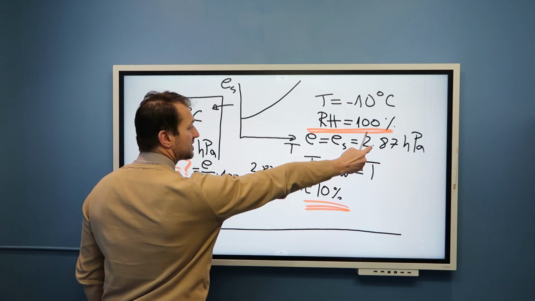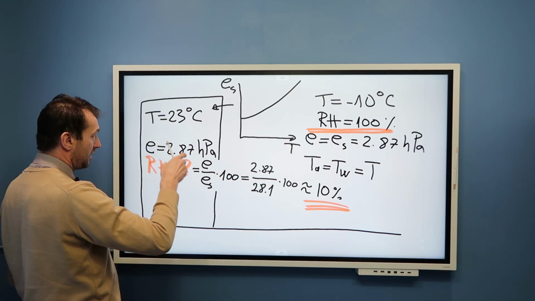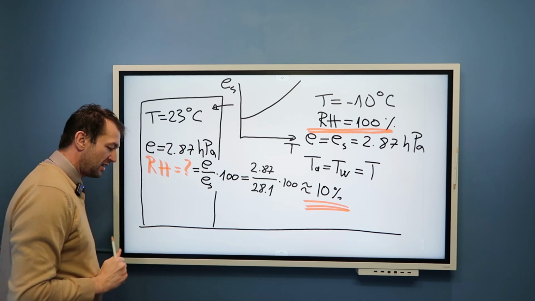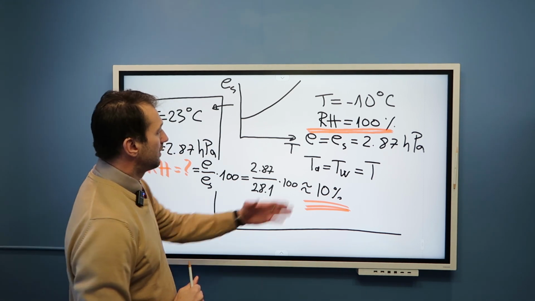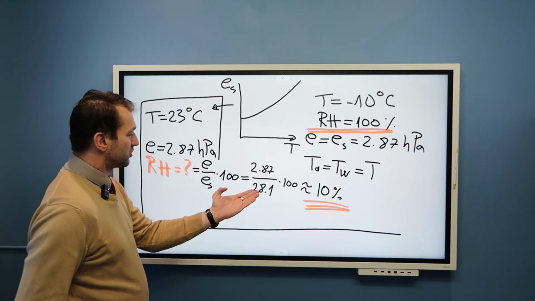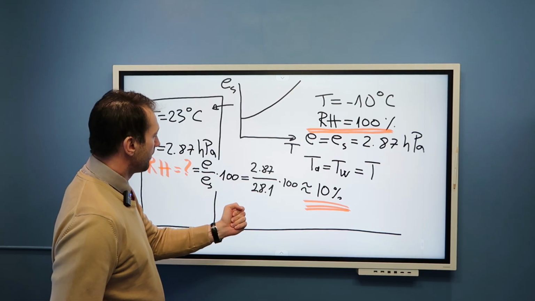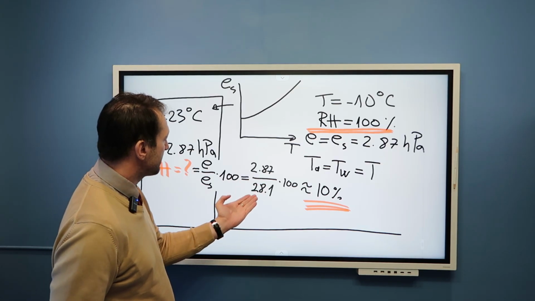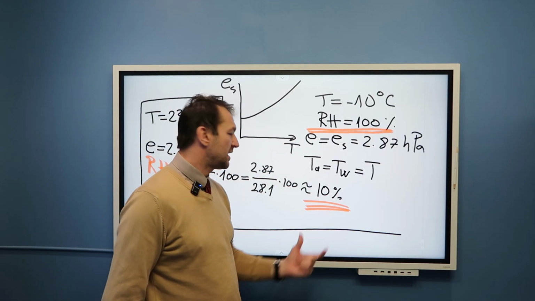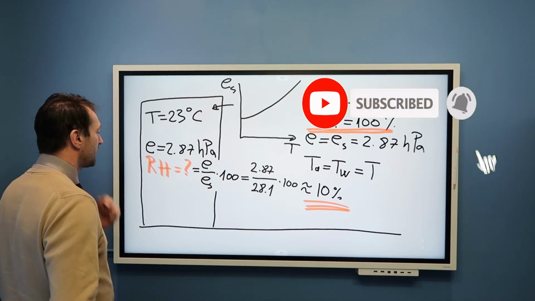But when you bring this amount of water vapor into the indoor environment that is characterized by much higher temperature, then this amount of water vapor is not even close to saturation. Saturation is about 10 times above this value. As you can see, 2.87, 28.1 is about 10 times difference, hence 10% relative humidity inside.